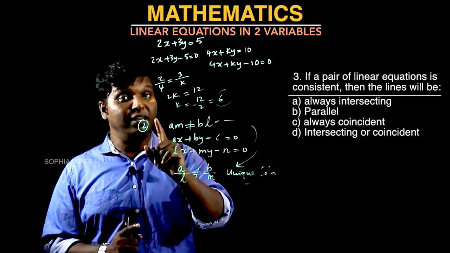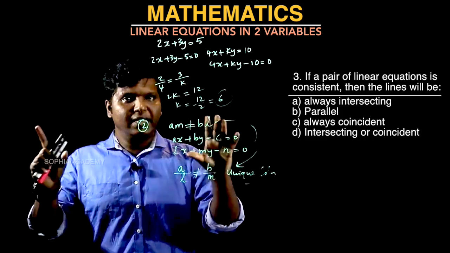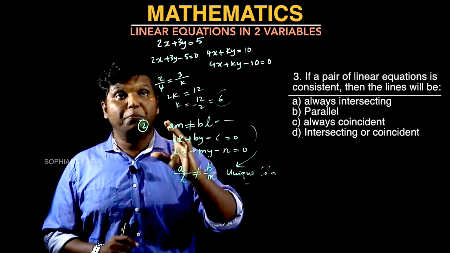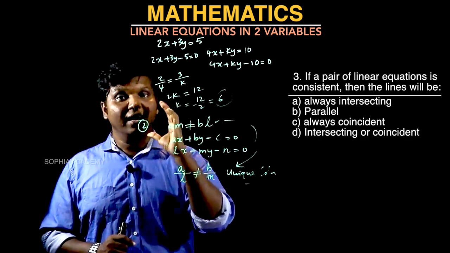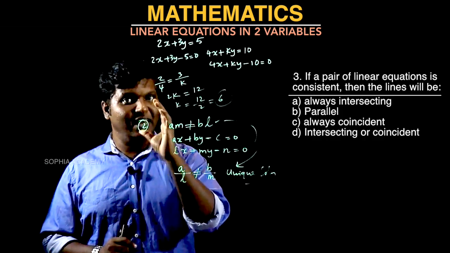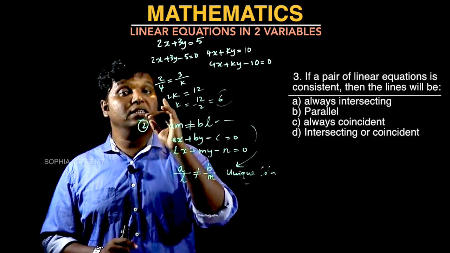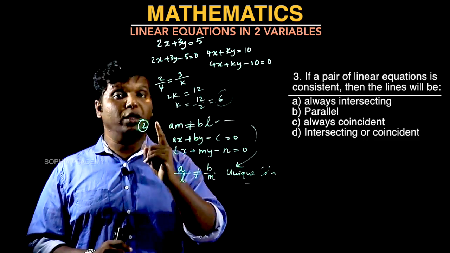Consistent means they are having a solution. So the first sentence is given like this: the pair of linear equations are having a solution. They are consistent. Then the lines representing the two equations are.